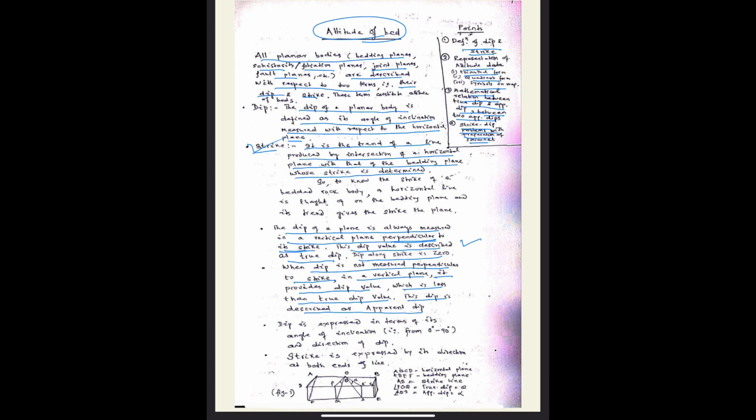And the dip along the strike of the inclined bed is 0. And dip is expressed in terms of its angle of inclination, that is, it will start from 0 and it may go up to 90. And it is described with respect to this angle and with respect to its direction of dip. Strike is expressed by its direction at both ends of the line.